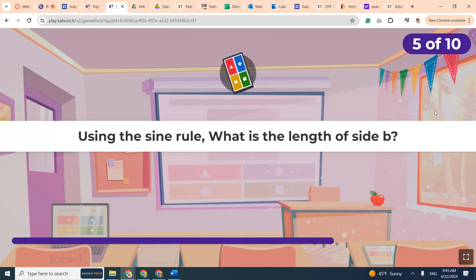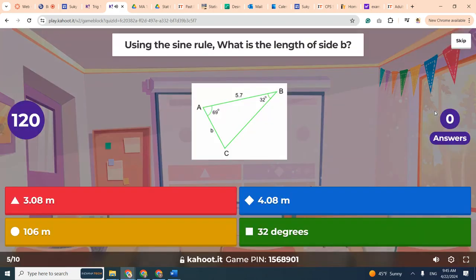Using the sine rule, what is the length of side B? You gotta find the angle C first. It's a two-step process.